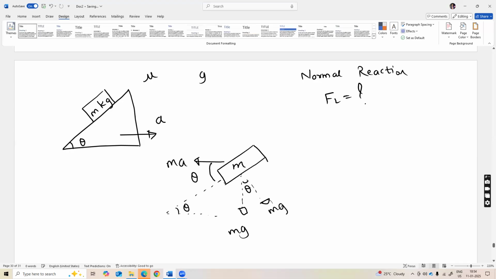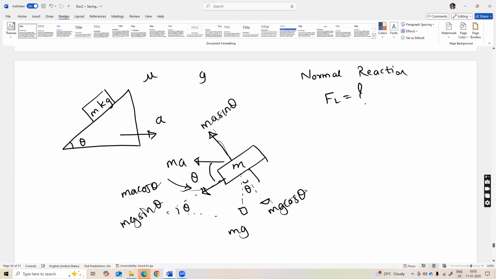Mg cos theta is the component along the normal, and mg sin theta is the component parallel to the motion. For the pseudo force ma, the component along this direction is ma cos theta, and its component along the vertical direction is ma sin theta.